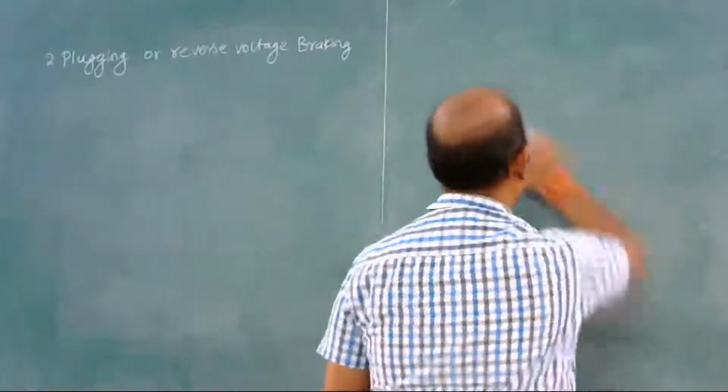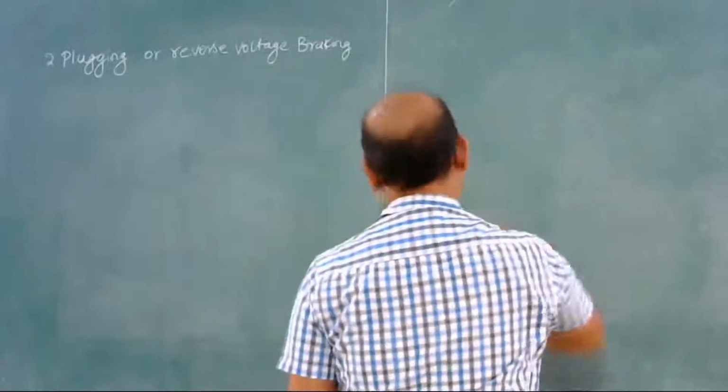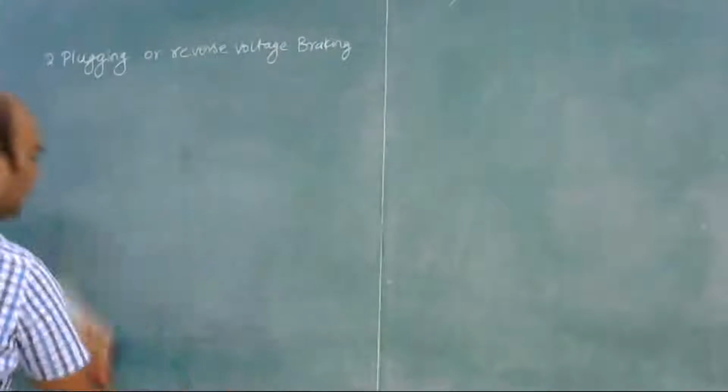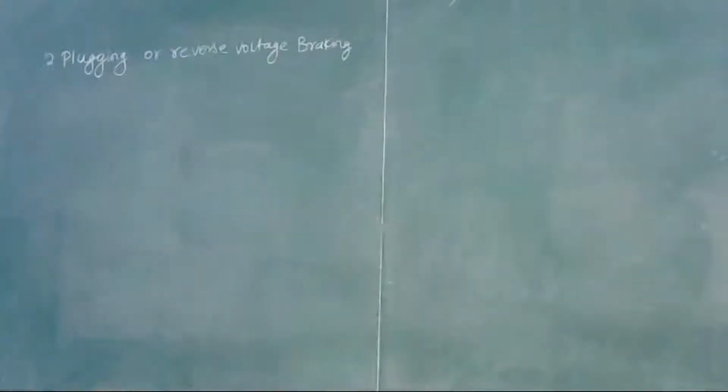In this plugging, we interchange two phases of the induction motor with respect to the supply terminals. So the phase sequence of the supply applied to the stator of the induction machine is changed.